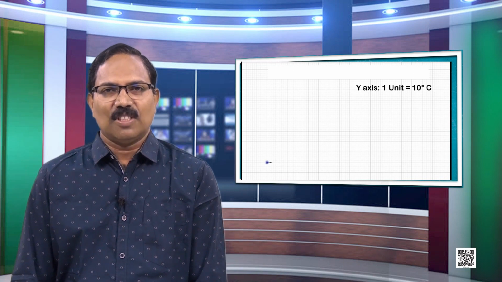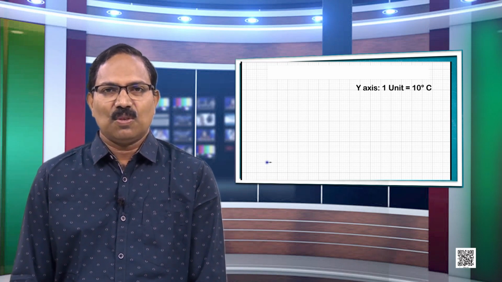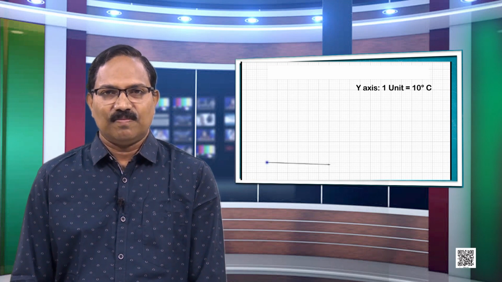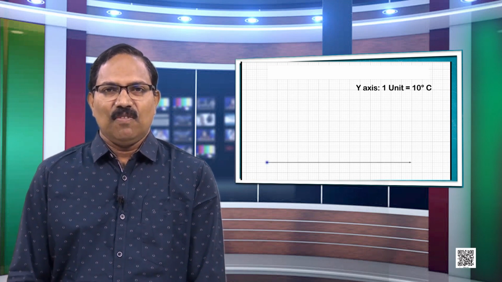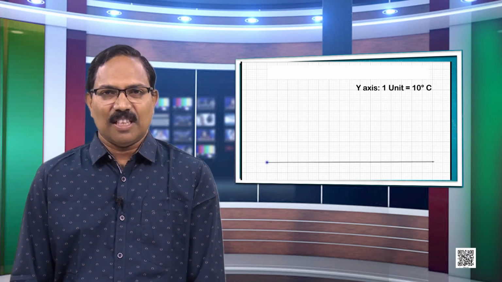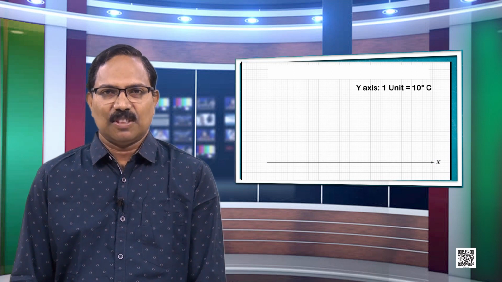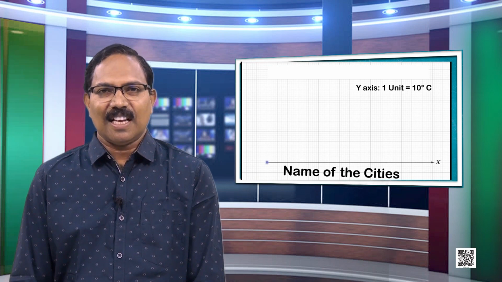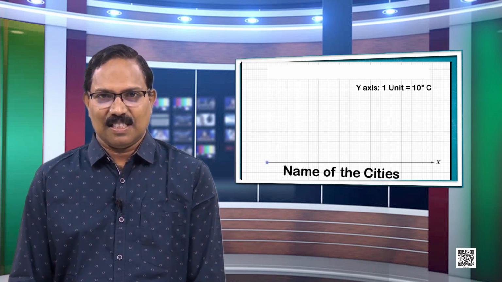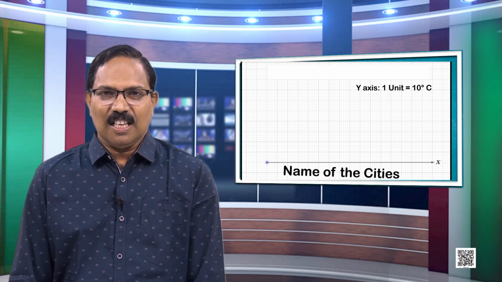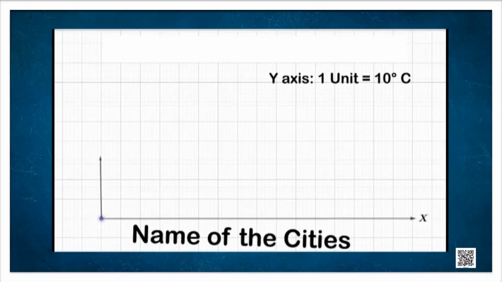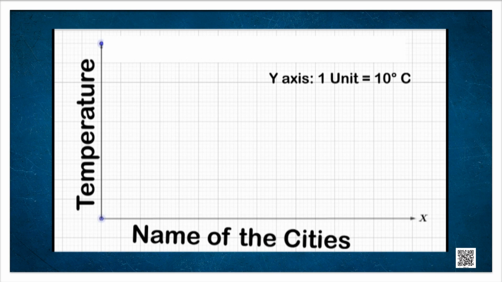Once you decide about the scale, we have to represent the data. In which axis do we represent the temperature and in which axis do we represent the city names? Students, you can represent the data in any one of these axes, but normally we represent the names of cities on the x axis and temperature on the y axis.